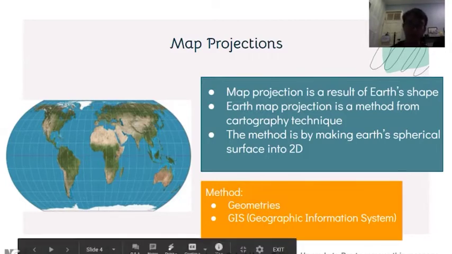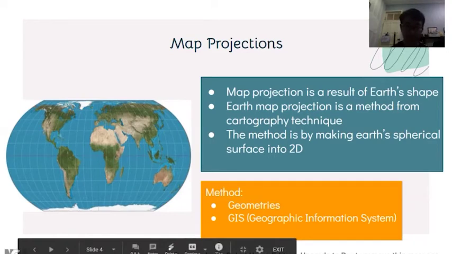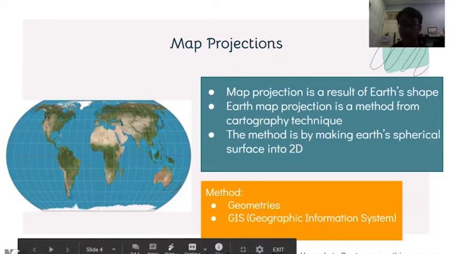The method of geometries is by projecting Earth onto other geometries, for example conical, cylindrical, and azimuthal projection. As for geographic information system, it is the combination of geospatial data to create an accurate digital version of Earth. So the geographic information system version is of Earth, while geometries is doing it manually.